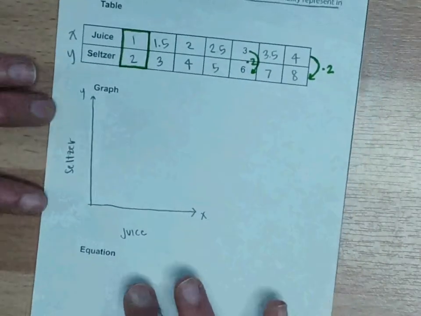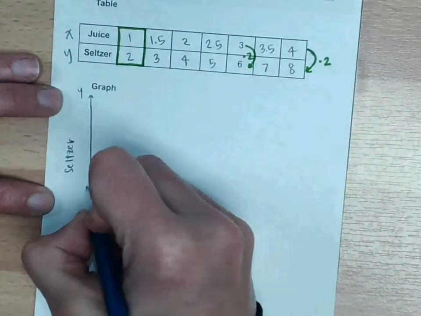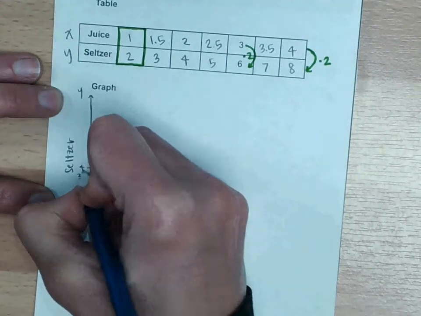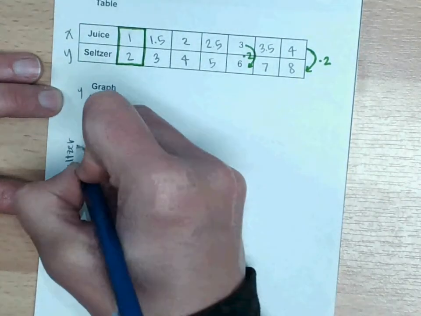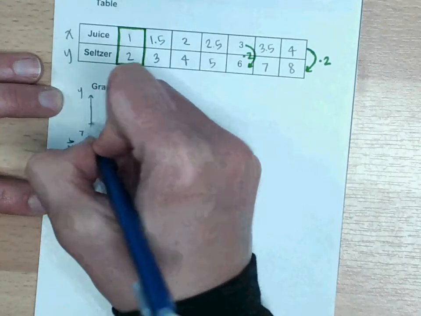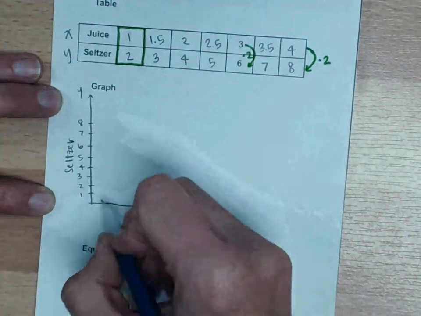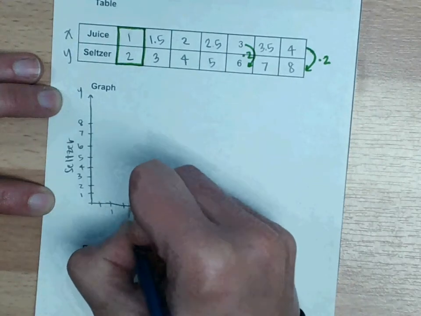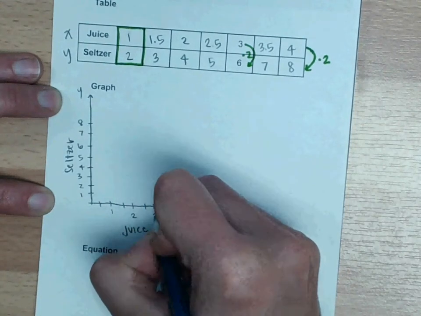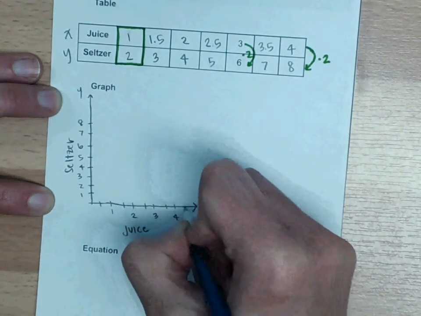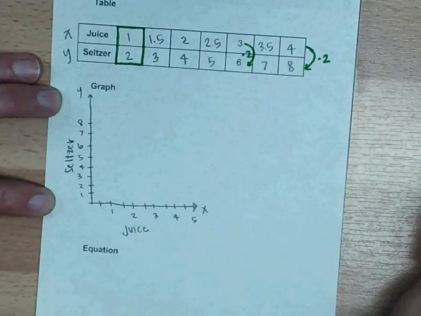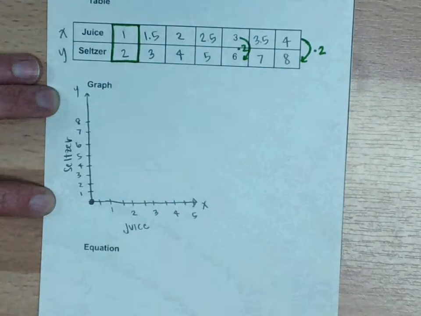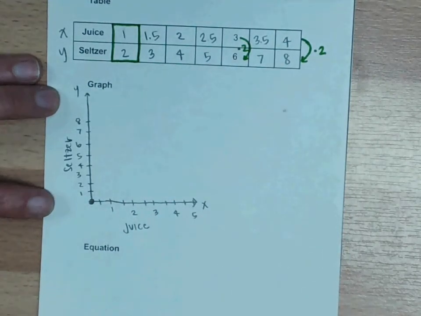Okay, and I'm going to just go up by ones: 1, 2, 3, 4, 5, 6, 7, 8. And then my juice goes by halves: 1, 2, 3, 4, 5. Okay? Remember, this is my origin. That has to be on my graph because it's a proportional relationship.